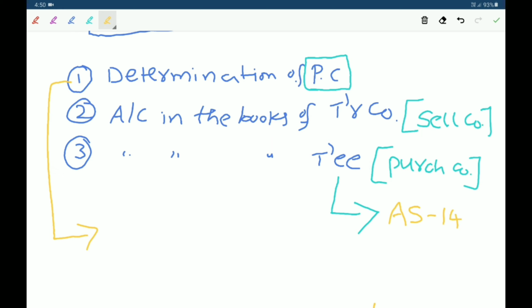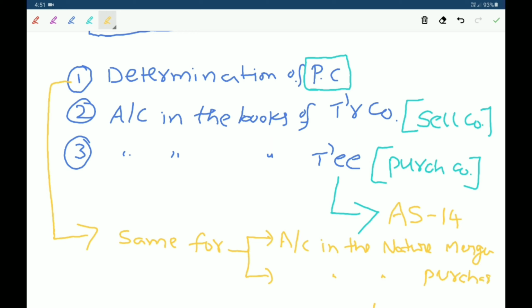Purchase consideration calculation is the same for both accounting in the nature of merger and accounting in the nature of purchase. Purchase consideration is the same.